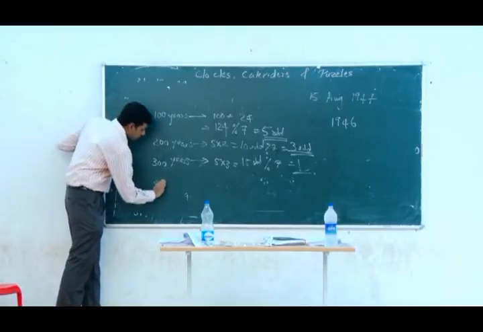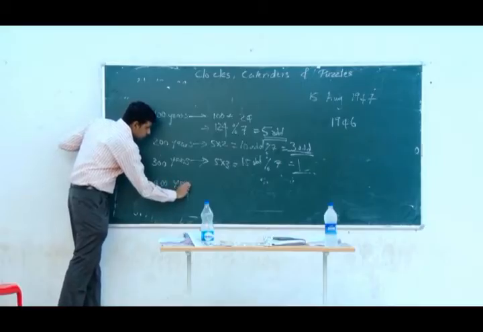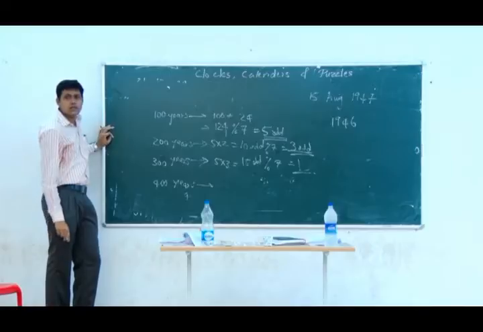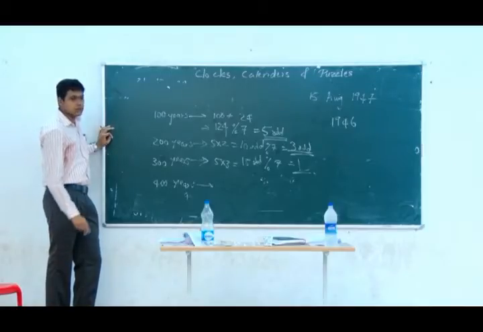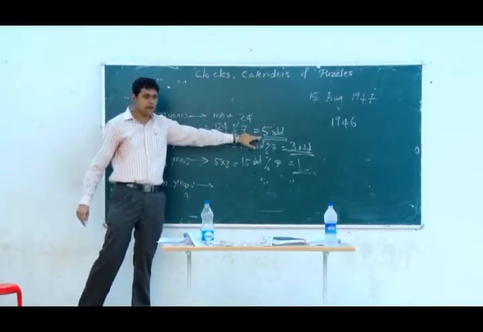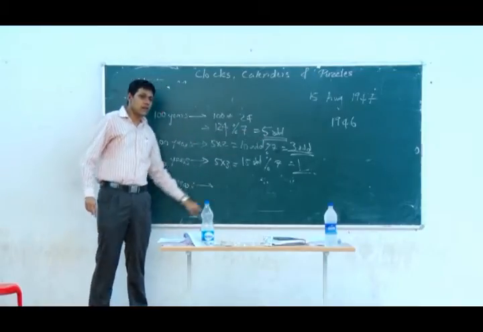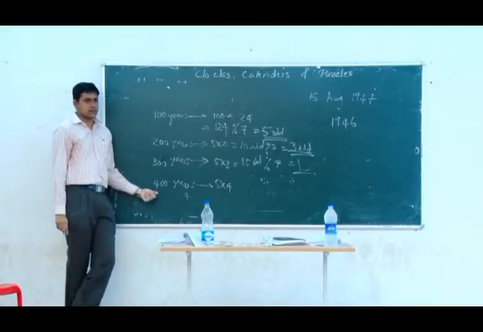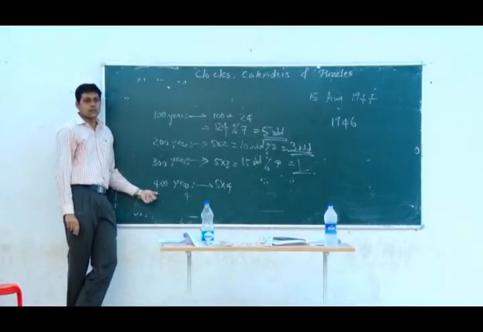Next, 400 years. In 400 years there will be 5 into 4, plus 1, because the 400th year is a leap year.